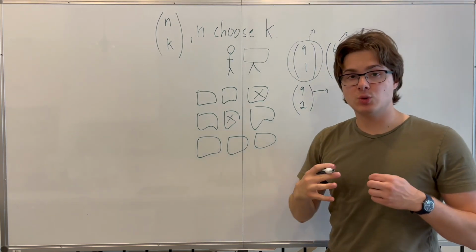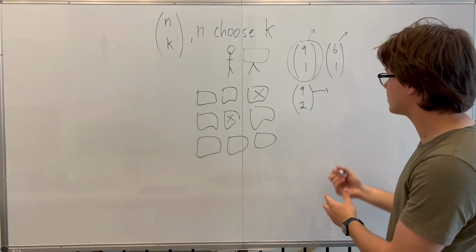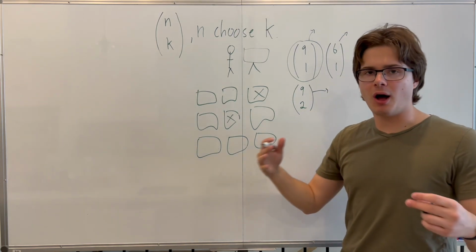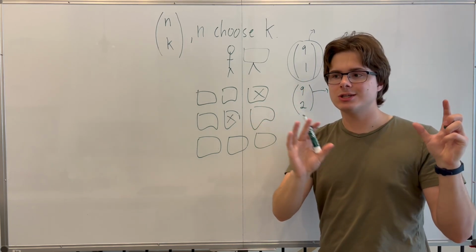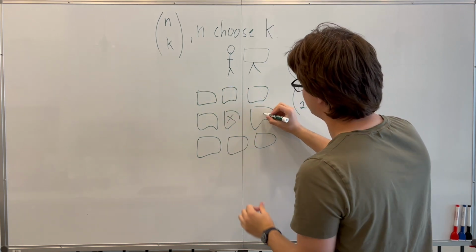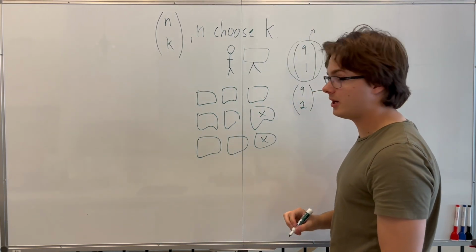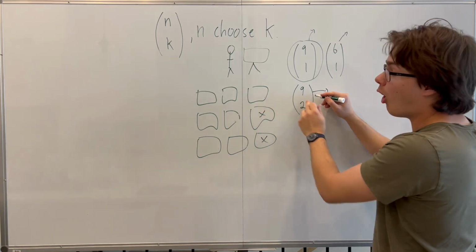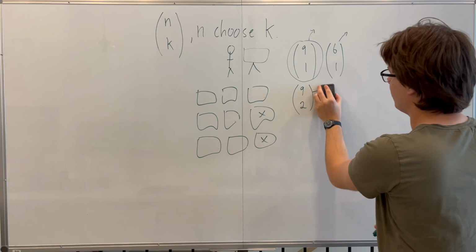Here, because you have 9 students you're going to choose from to be 2 of your volunteers, this is every single combination of students, of 2 students, you can choose to come to the front of the class. So this is 1 combination. This is the 2nd combination. This would be a 3rd combination, right? This is all of the combinations of students you can choose for this specific scenario.